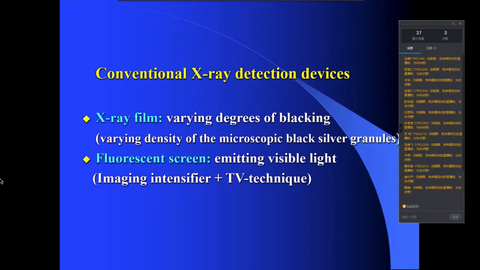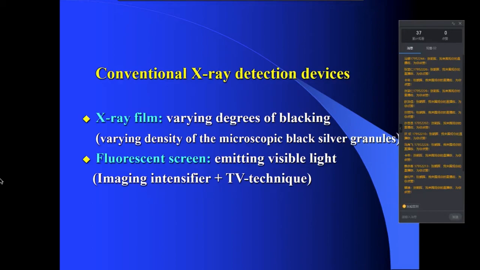And the second group of equipment of X-ray is X-ray detection devices. Conventionally, it includes X-ray film and a fluorescent screen. Both are analog detectors of X-rays, which means that their response to a steady and continuous increase in radiation doses is also steady and continuous.